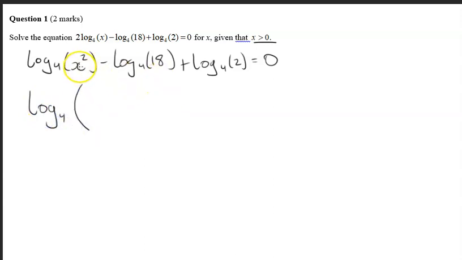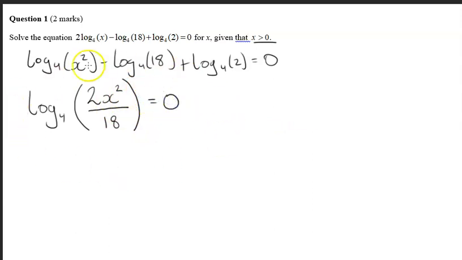We have an x squared and we have a 2, and because this is adding together, these things within the log get multiplied, so this is 2x squared. And we also have a subtraction, so there is a divided by 18. So I've just combined all of these logs together with the log rules that we've looked into already, and this whole thing is going to be equal to 0.